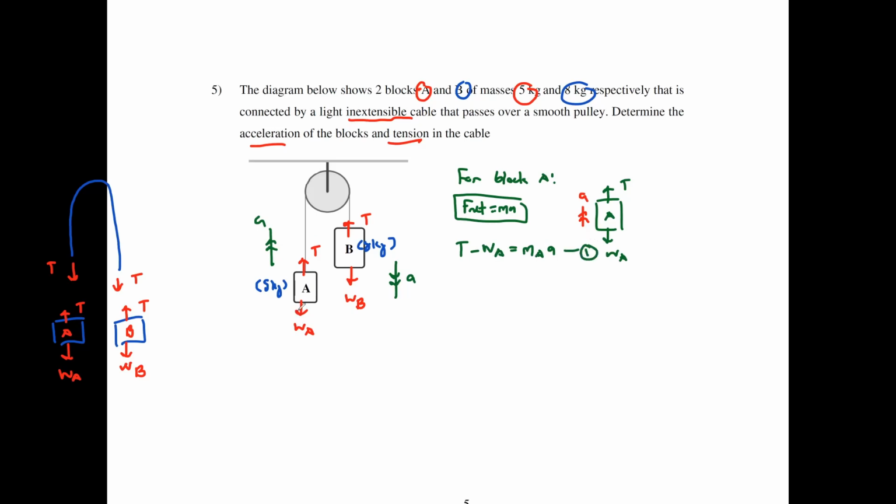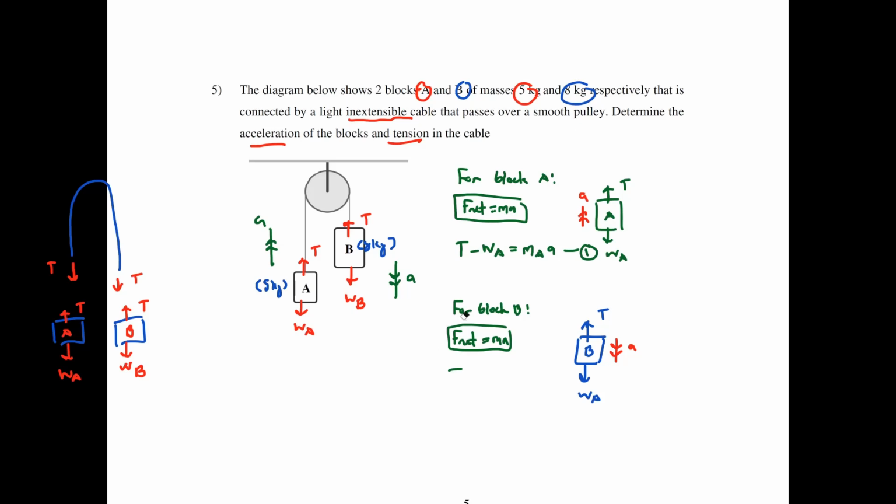Okay, this one, let's just say this is equation 1. I don't sub in the value first. Then after that, I will say that for block B, again, I want to use Fnet equals to MA. But this time, for block B, it is something like this, where I have WB and T, but my acceleration is downwards.